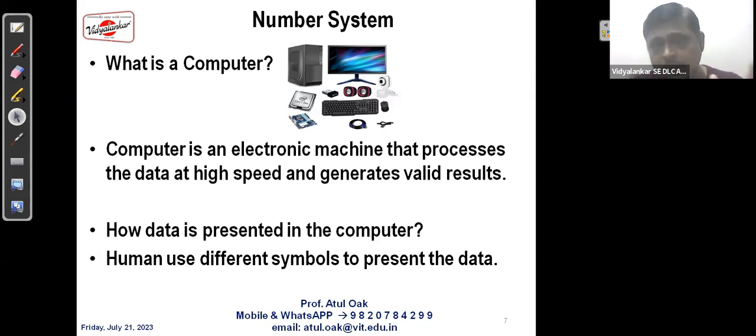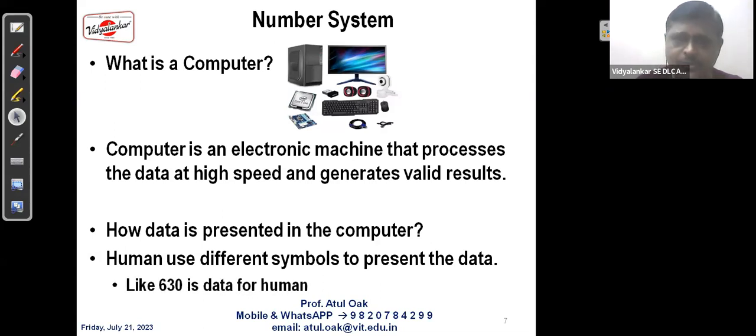Point is, humans use lot of symbols or alphabets, digits to represent the data. Like that, how is my data presented in computer? That is the basic question. I can see some answers, and there are correct answers in chat box.